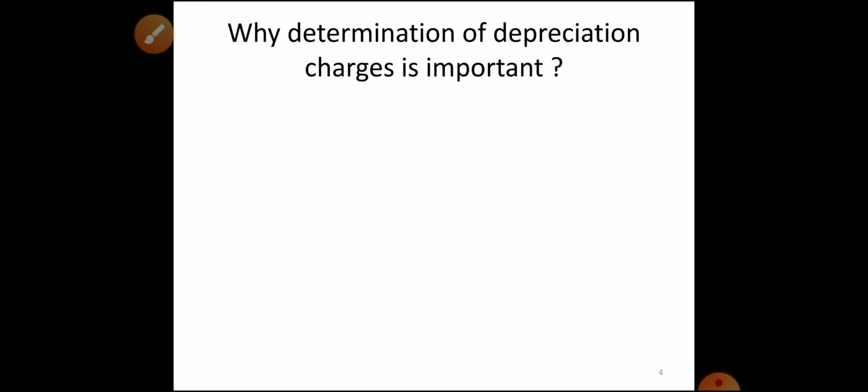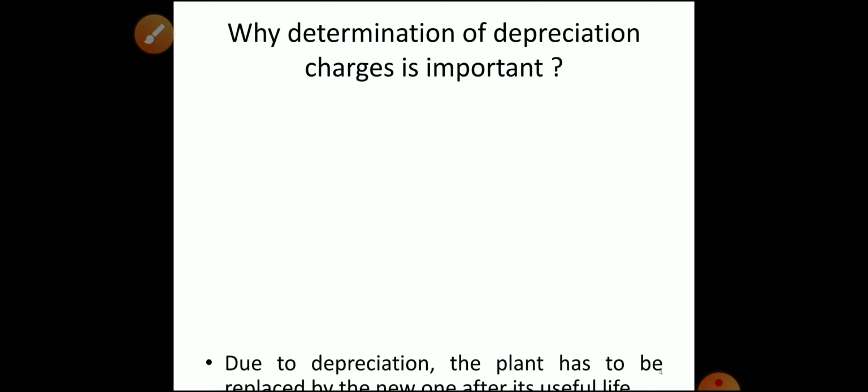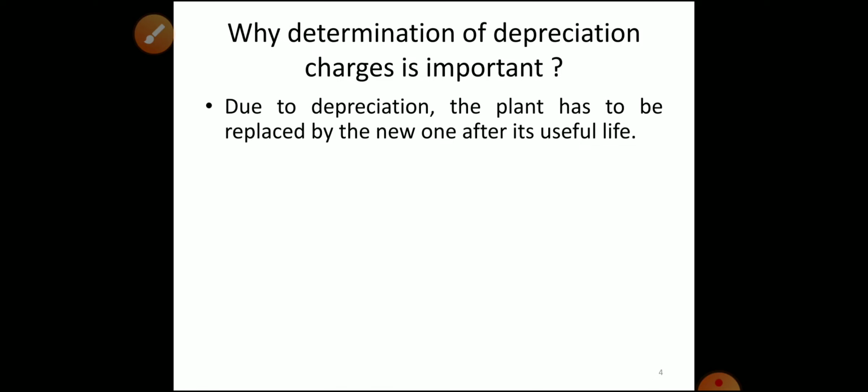So why is there the need to determine the depreciation charges? Why is it so important? Due to depreciation, as I told in the last example of the motorcycle, the value of the motorcycle decreases with respect to time.